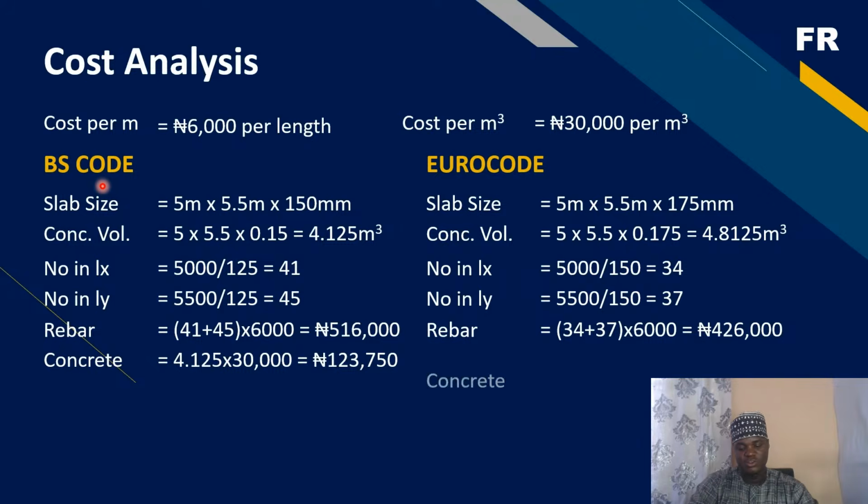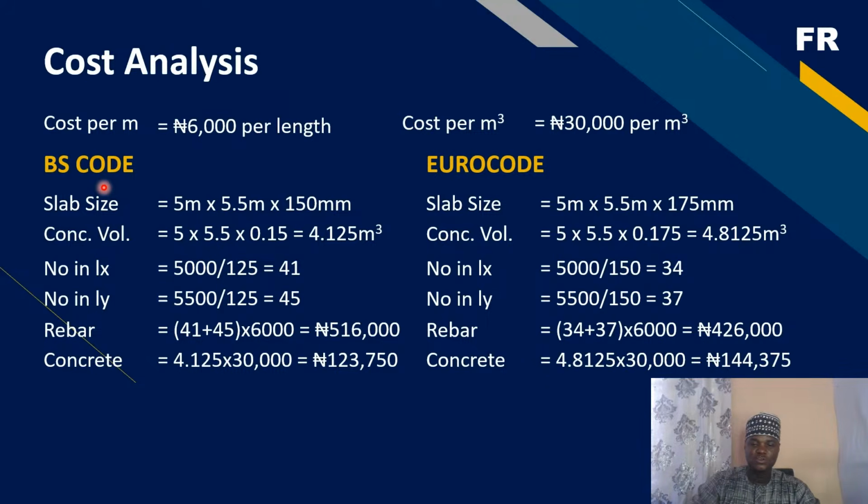Then according to the Eurocode, we are going to be having 4.8125, which is the concrete volume, multiplied by 30,000 naira per cubic meter. So you have 144,375 naira. So you can see that the volume of concrete according to the Eurocode is slightly more compared to the BS code, but the reinforcement is slightly reduced compared to the BS code.